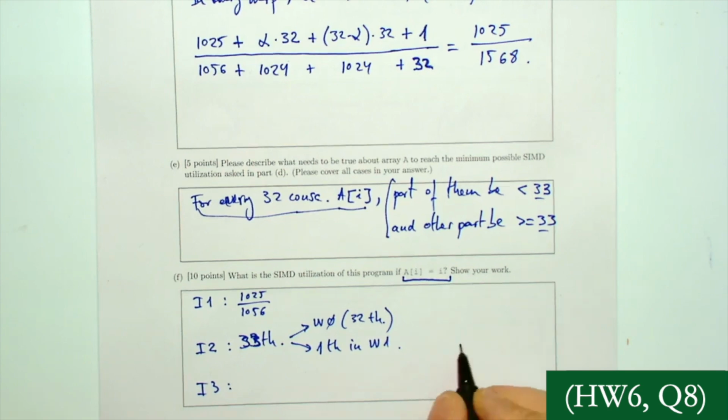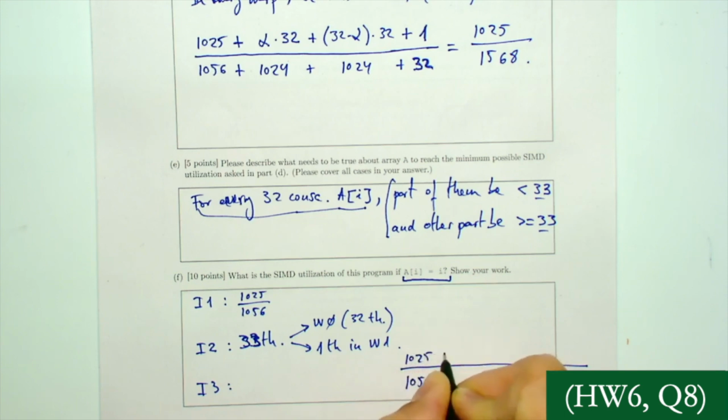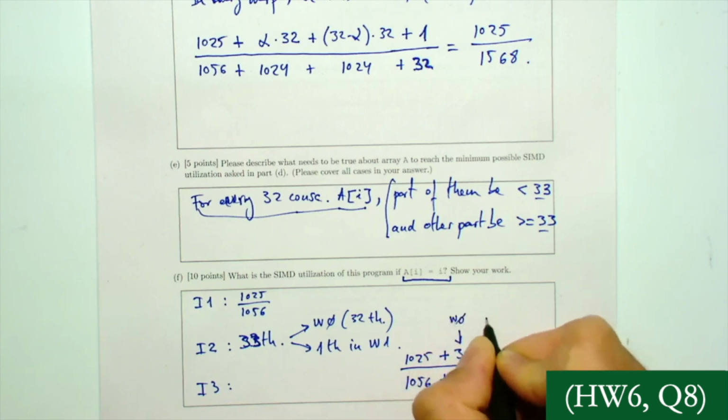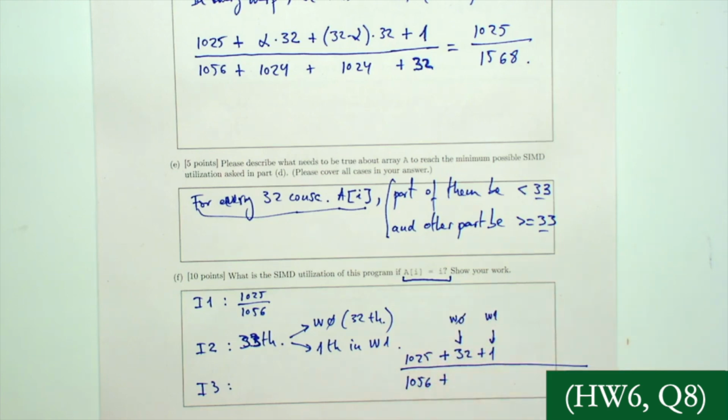So we calculate in the same way as we did before: 1,025 divided by 1,056 plus 32 plus 1. This 32 corresponds to warp 0. This 1 corresponds to the first thread of warp 1, divided by 32 plus 32.